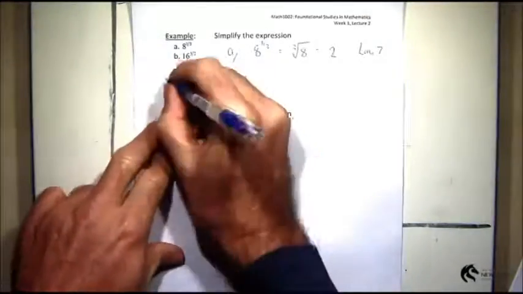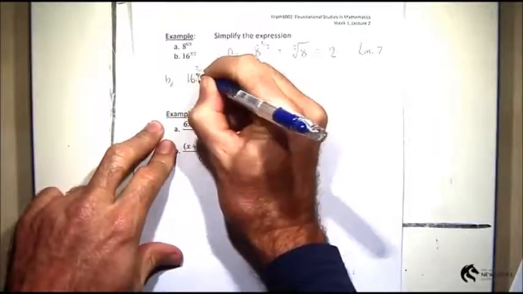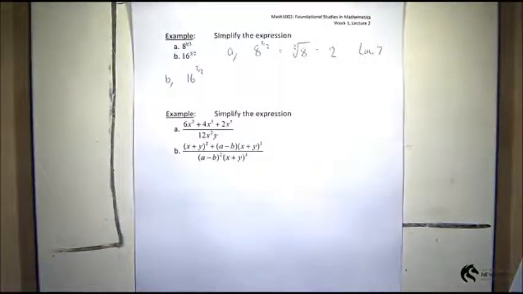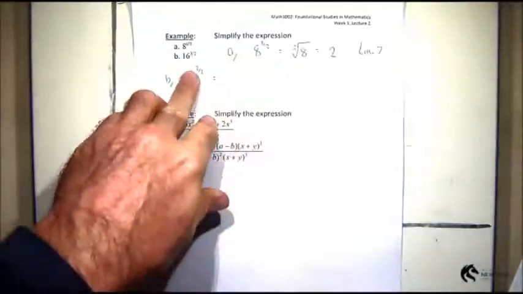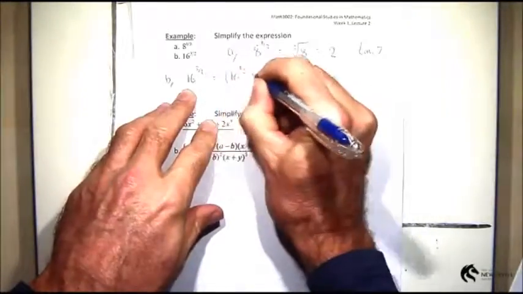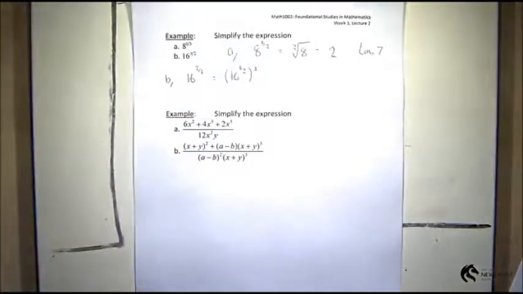Part B is a little bit more convoluted in that I've got 16 to the 3 on 2, not 1 on 2. So to simplify that, what we can do is split this 3 on 2 up. So I can write this as 16 to the half, all cubed, because sitting over here, 16 to the half all cubed is 16 to the 3 times a half, 16 to the 3 on 2. So I've used law 4 backwards, if you like.